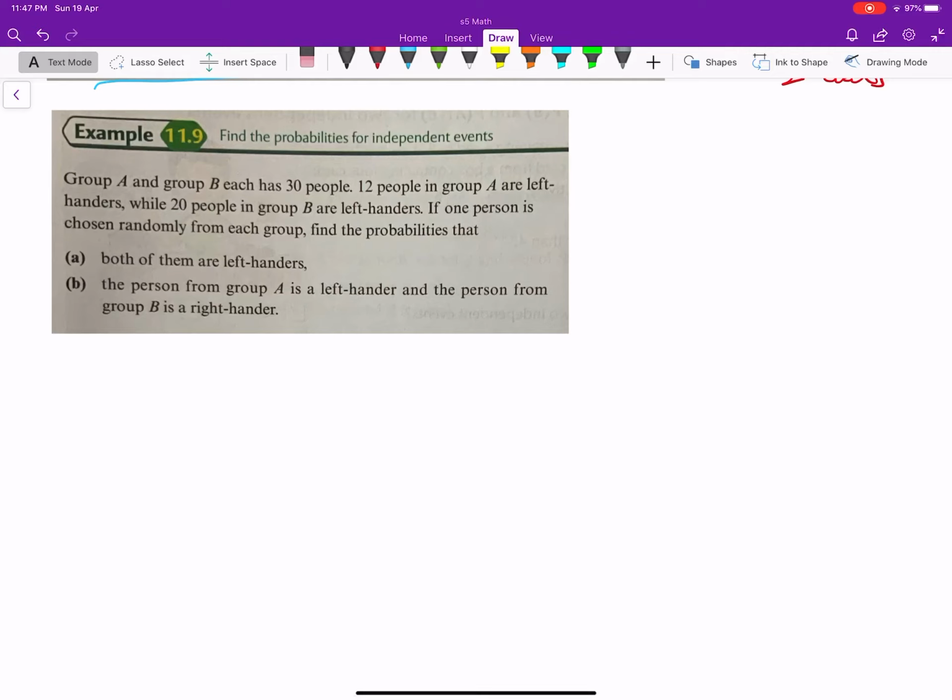Here we have group A and group B. Each has 30 people. And 12 people in group A are left-handed. We can just use a very simple figure. Here we get A with 30 people, and B with also 30 people.